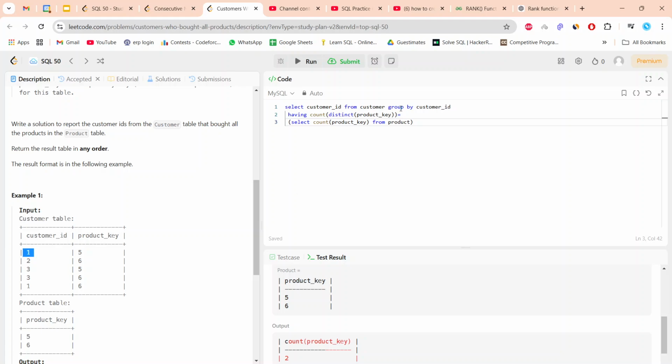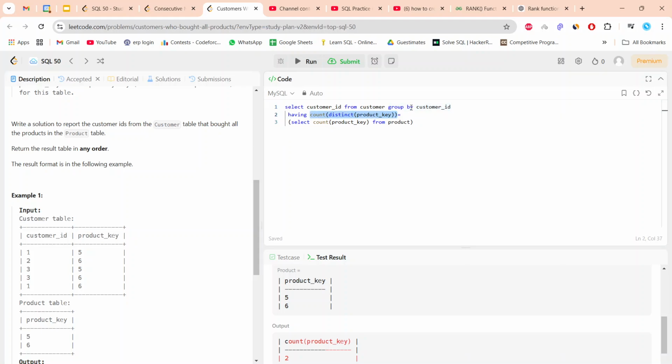So, we have grouped the customer by the customer ID. Now, all the customers have been grouped, for example, customer ID 1. And now I need to find the count of the product key, and not just count, we need to count it uniquely. Hence, I have written this line, count distinct product key.